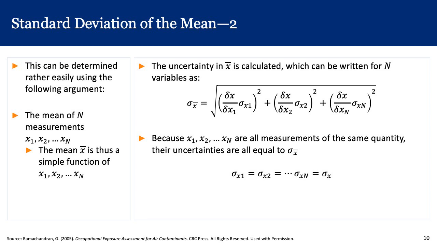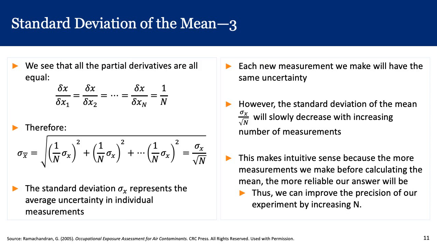Now x1, x2, all the way up to xn are measurements of the same quantity, and each of their individual uncertainties is denoted by the standard deviation sigma x. Therefore, sigma x1, sigma x2 and sigma xn are all equal to the standard deviation sigma x. Then we need to find the partial derivative of x bar with respect to x1, with respect to x2, and so on.